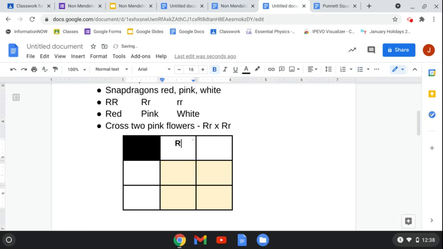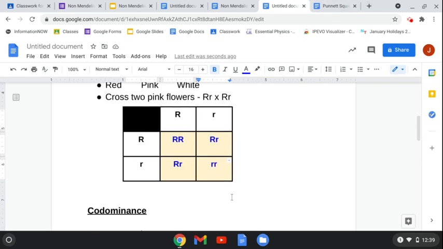So I'm going to put my parents in here just like I would with Punnett squares and fill in. So those are both big R, little r. That's homodominant, hetero, hetero, and homorecessive. So I can see here that I have my cross. And now I'm going to go ahead and fill in my ratio.